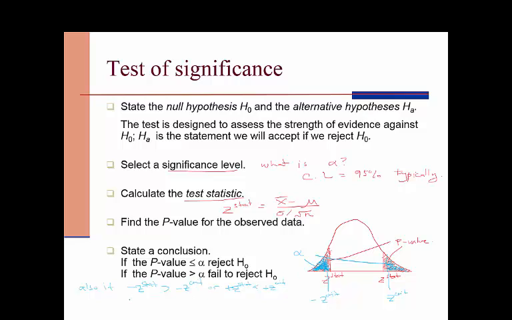So you would fail to reject H naught. So you can in fact make the same conclusion without using p-value and alpha, just by using Z statistic and Z critical.